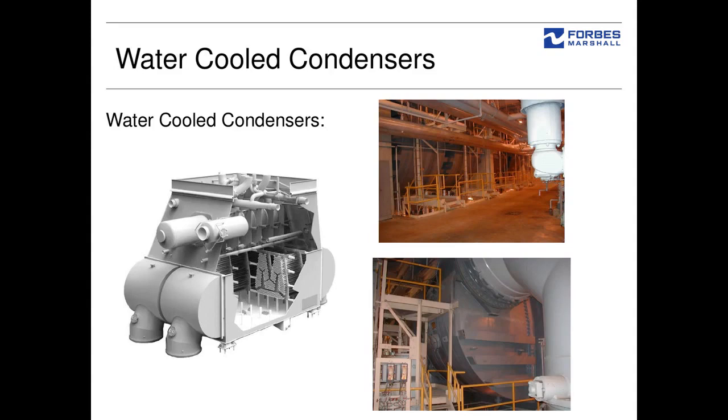In the condenser, we have a lot of tube bundles. In these tubes, we are pumping cooling water from your cooling towers. That's how your steam is condensed and then pumped back into the feed water system. That's why condensers play a key role in maintaining vacuum and efficiency of your Rankine cycle.